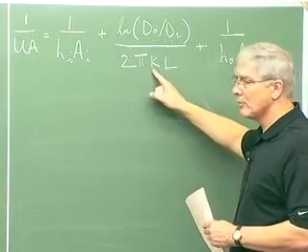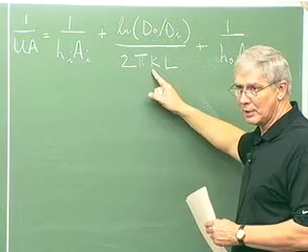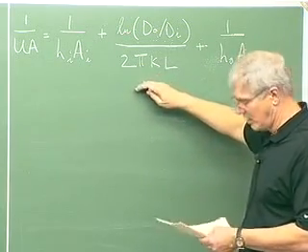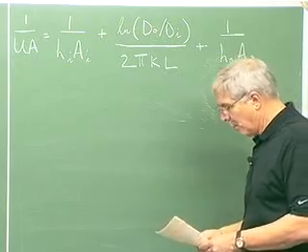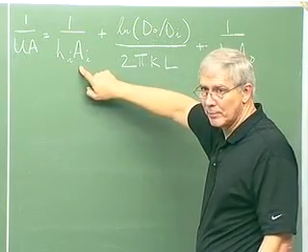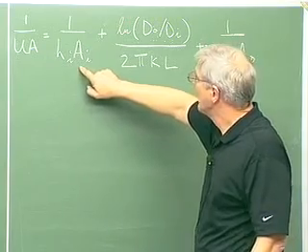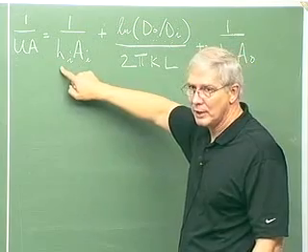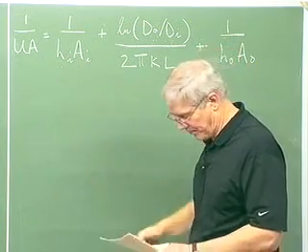L is given. k is the thermal conductivity of the inner pipe. So we can look all that up, and this term is easy to calculate. We can get the inner area from the diameter, and we can get the outer area from the diameter. The only things we're missing are the h's right here.